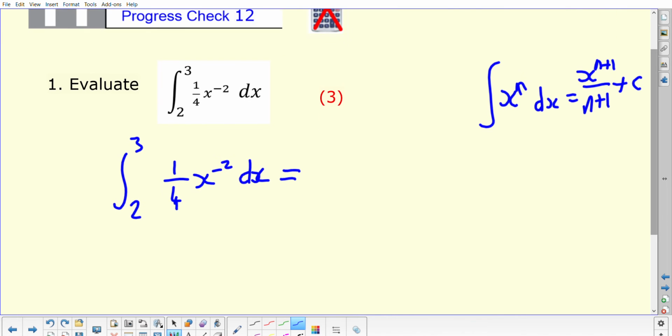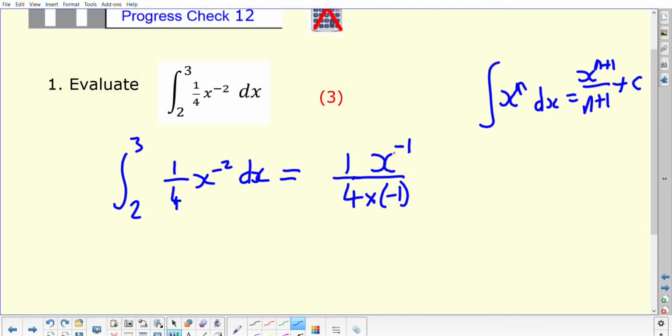So integrating, that means here I'm going to be adding 1 to the power. So adding 1 to the power means it's going up and it's going to become minus 1. So minus 2 plus 1 is minus 1. I also then need to divide by that minus 1. So I've already got a dividing number on the bottom here, the 4.